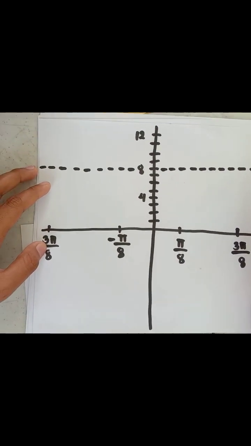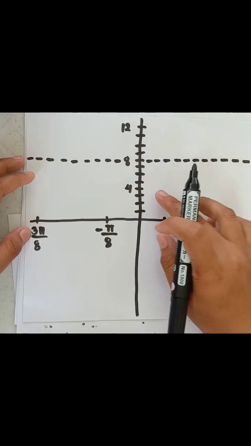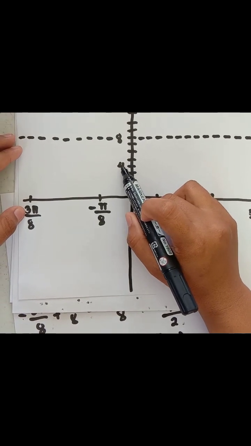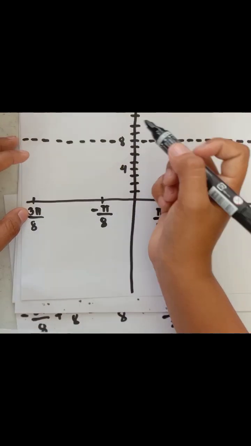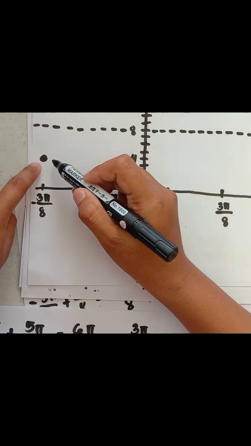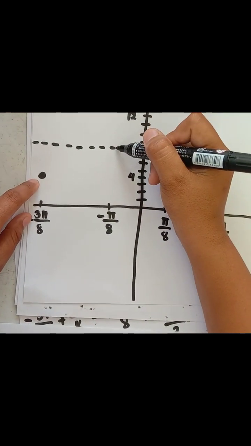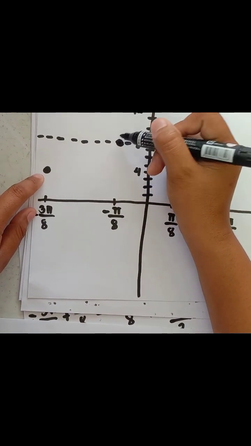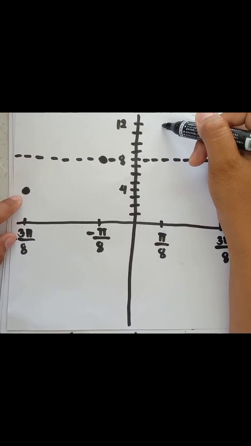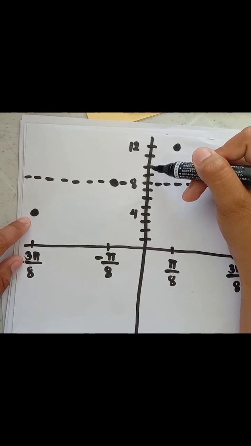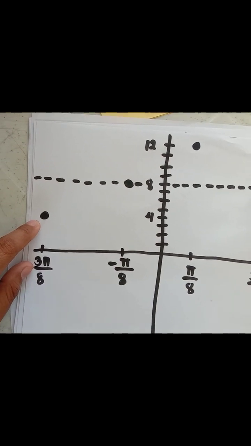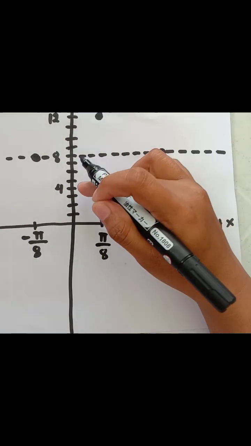As we all know, this is cosine, so we draw a dot. We determine a dot, so then up. Then up to 12. Then down. Then down.